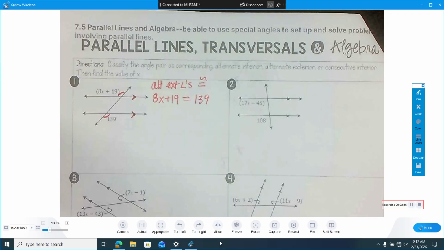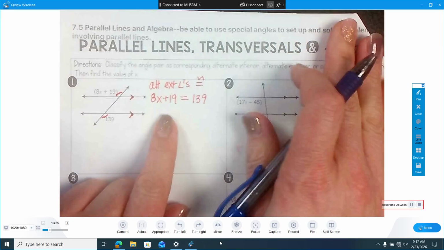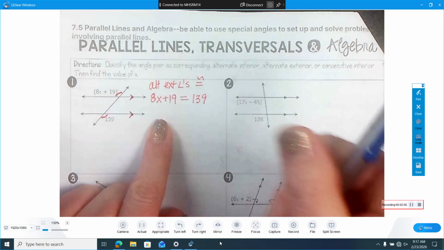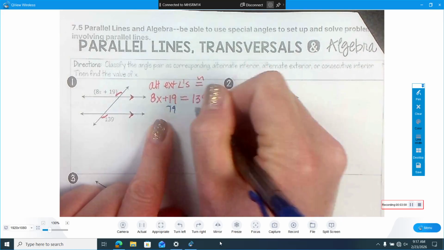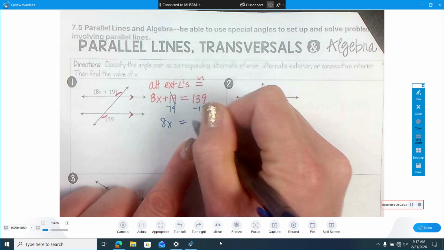So today, ladies and gentlemen, you are writing equations, and then we're going to solve. That's our equation. They're equal to each other. So what should we do to solve? Minus 19 from both sides. So we have 8x equals 120.